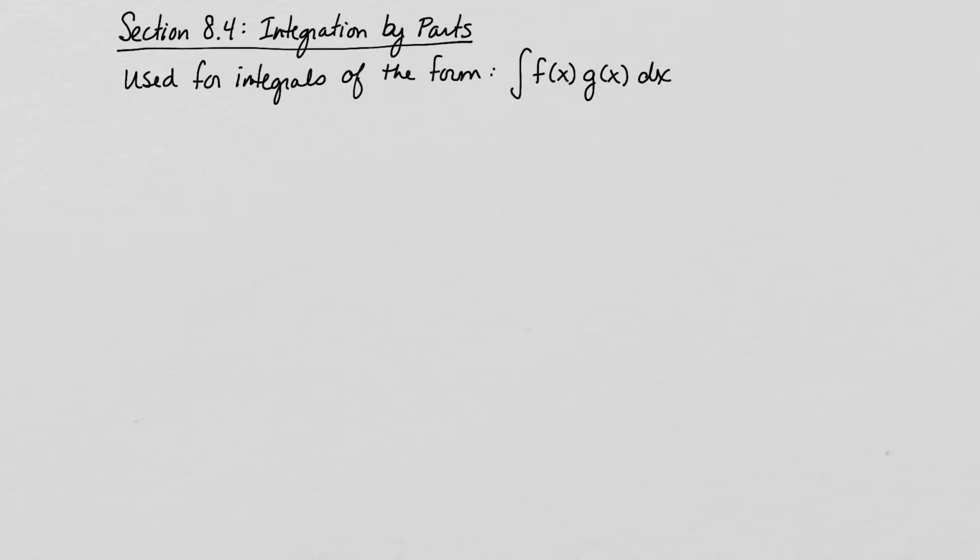It's used for integrals of the form some function f of x times some other function g of x dx. It's tied into the product rule. When you took the derivative of something in Calc 1 using the product rule, this is essentially undoing the product rule.